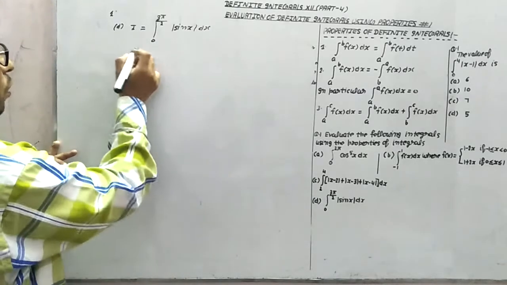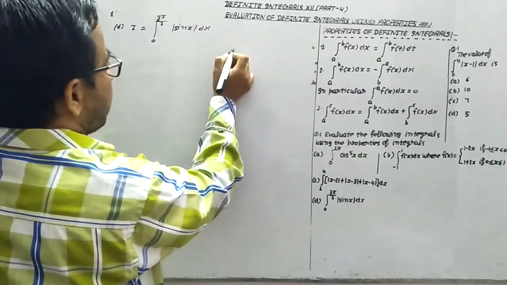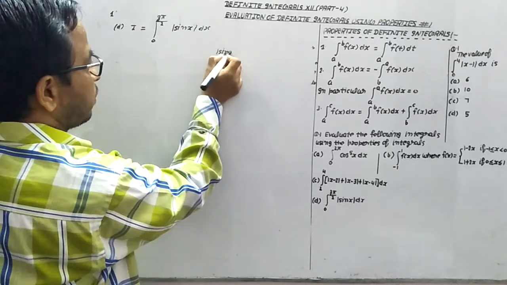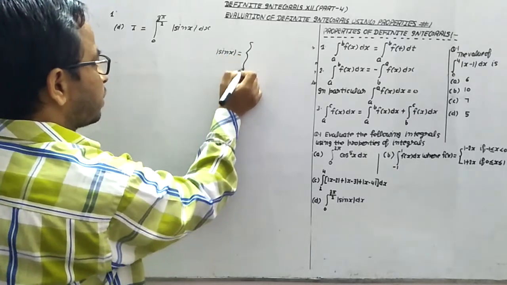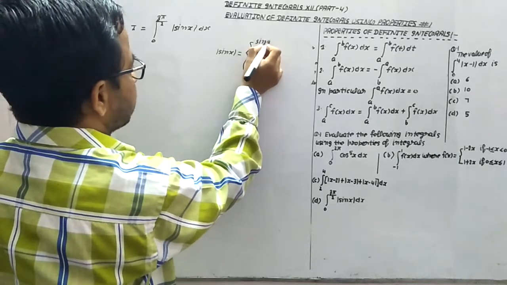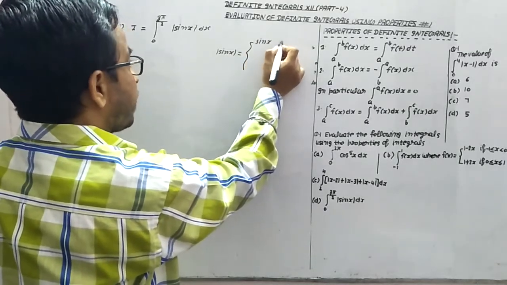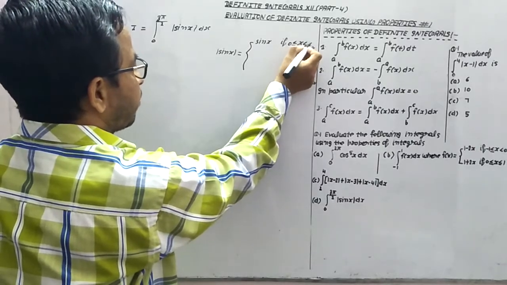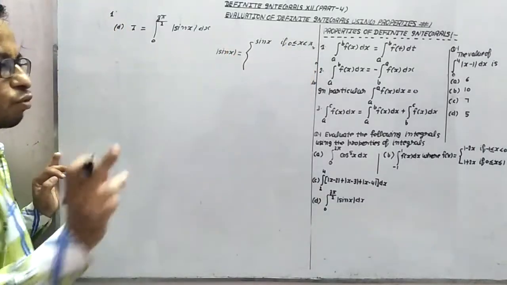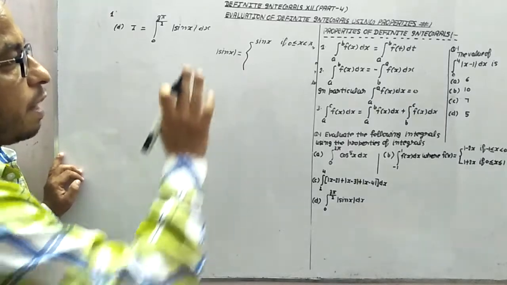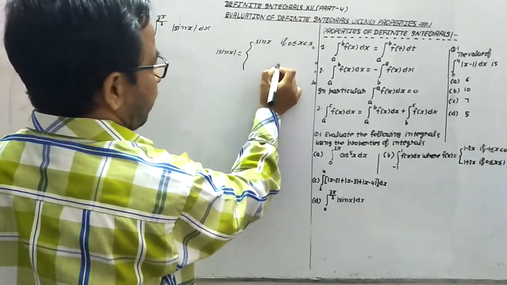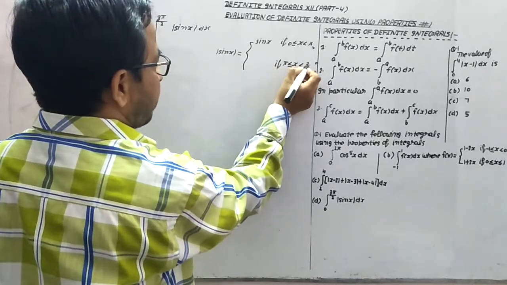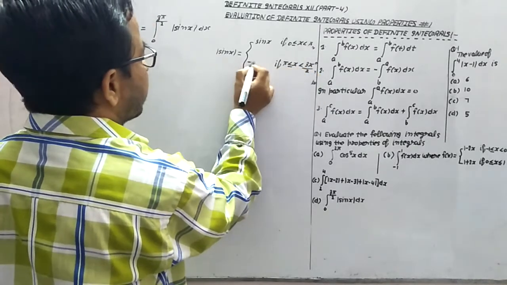Now first of all, we know very well that if we have I equal to the integral of modulus of sin x, we have two parts. What is this? This is positive sin x when x is greater than or equal to 0 and less than pi, because in the first quadrant and second quadrant it is positive, and then if x is greater than or equal to pi and less than 3 pi by 2, then it is negative only.